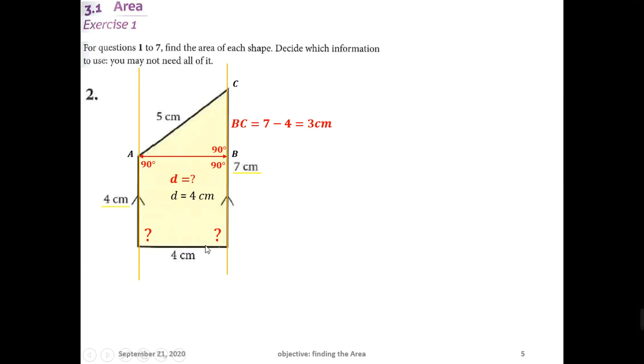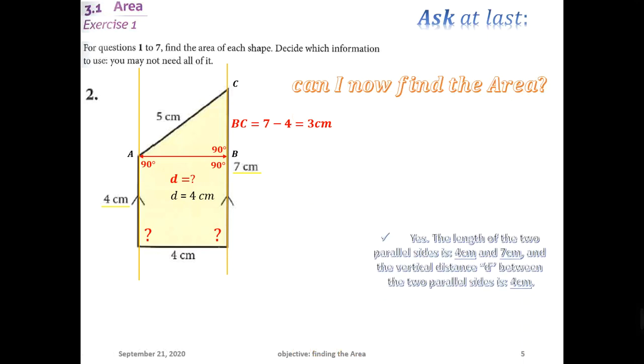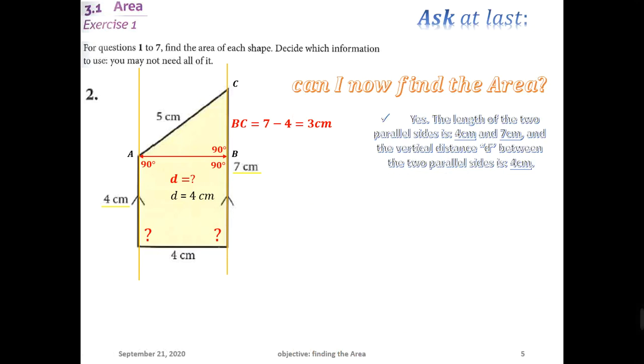Accordingly, can I now find the area of this trapezium? So the last question that you should ask yourself, can I now find the area of this trapezium? The answer is yes. The length of the two parallel sides is 4 and 7 centimeter.